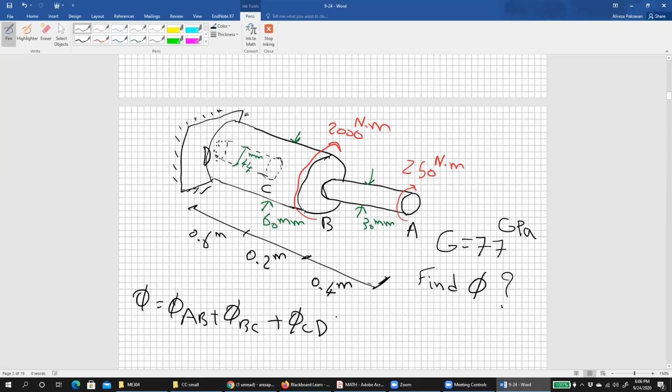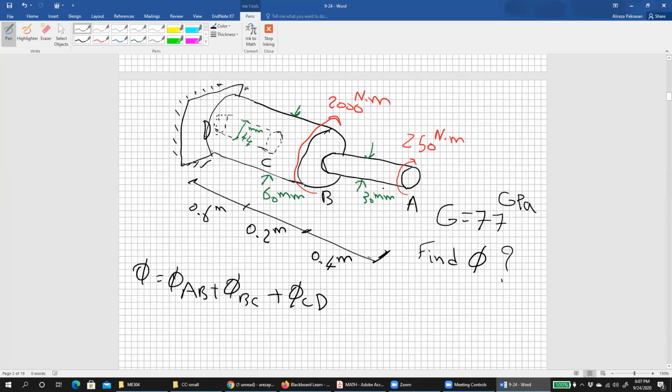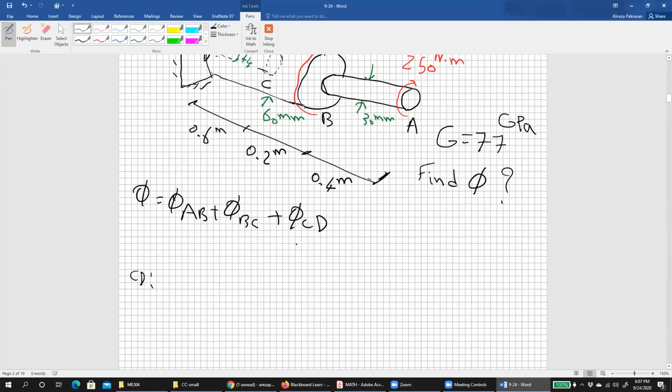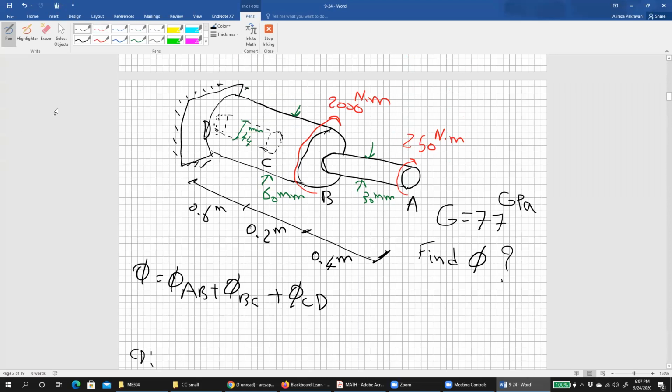So what is the formula for each segment? For each segment, we should find TL over GJ, right? But let's go back to statics, make the segment and find the T. Summation of the T. Right, exactly. The first thing in my note, I have the segment CD. We need to make a section somewhere here.